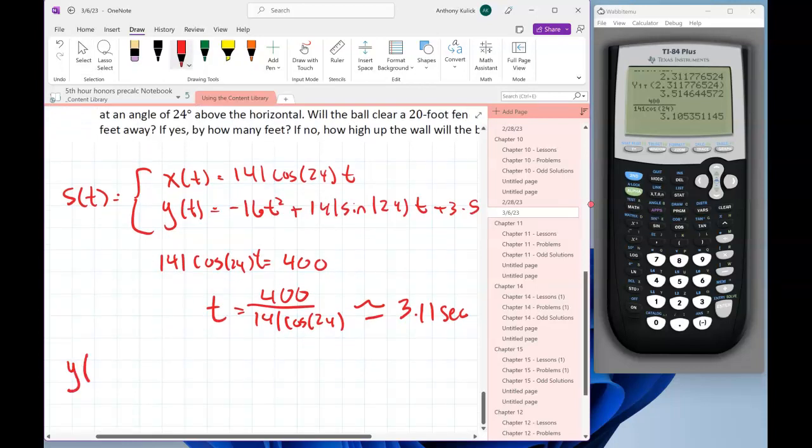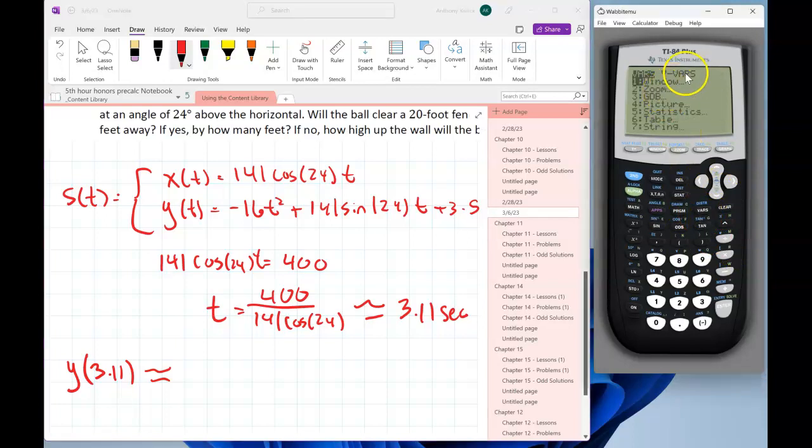So then I'm just going to do y of 3.11. To get the y1 for the parametric, I press vars, go over to y vars, I pick parametric, and I pick y1t of that number, and I get 27.3.